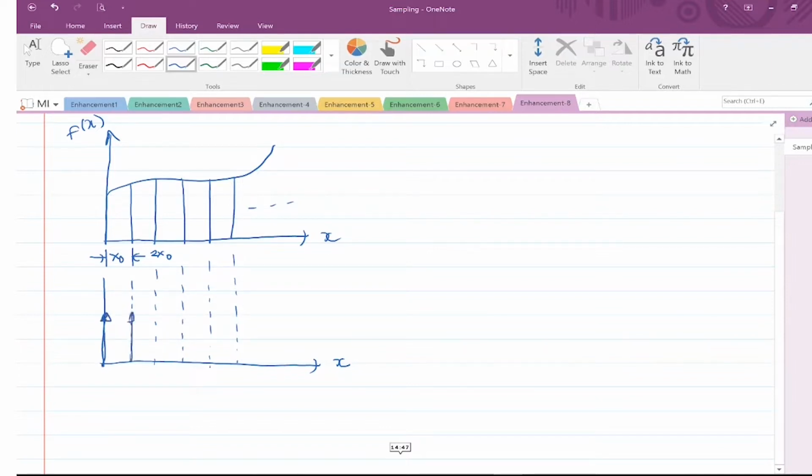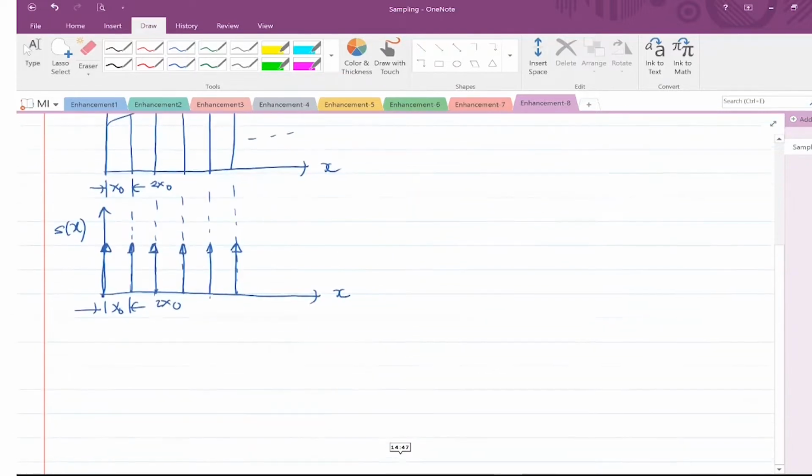So you want to have impulses here, this distance being equal to x naught, and after that the values are repeating at integer multiples of x naught. Let's call this function s of x.